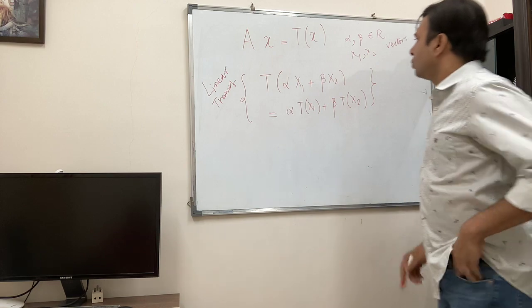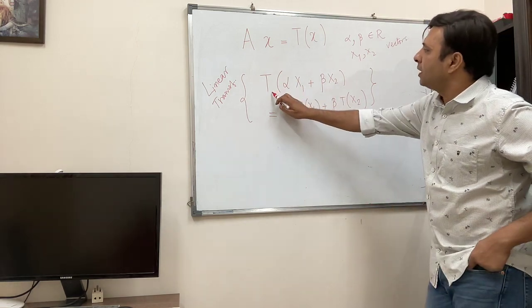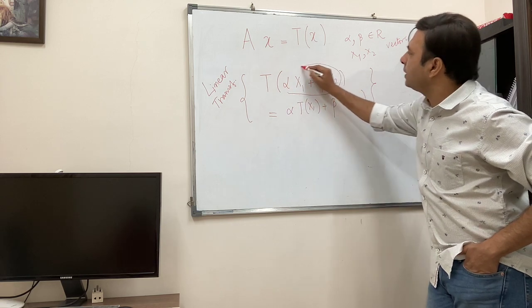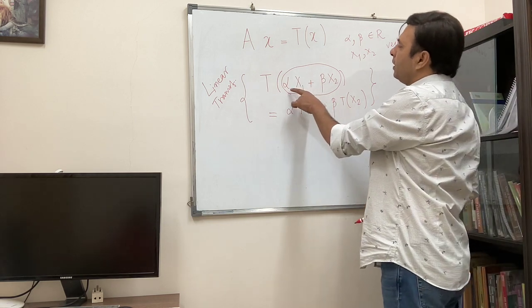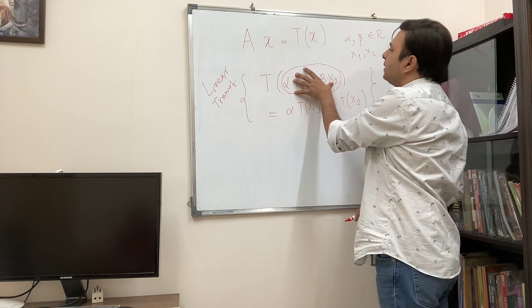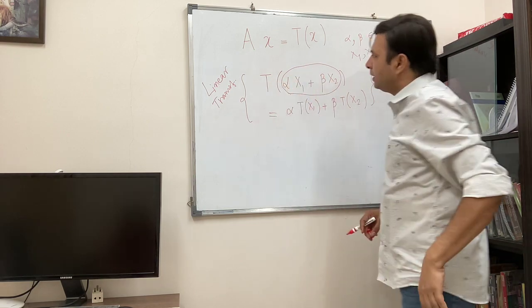So if this holds, what is happening here, if you want to see clearly? There is a transformation which gets applied to this thing, which is some vector. How is this vector created? It is created by taking alpha units of x1 and beta units of x2. I add those, I get some vector, and I want to transform that.